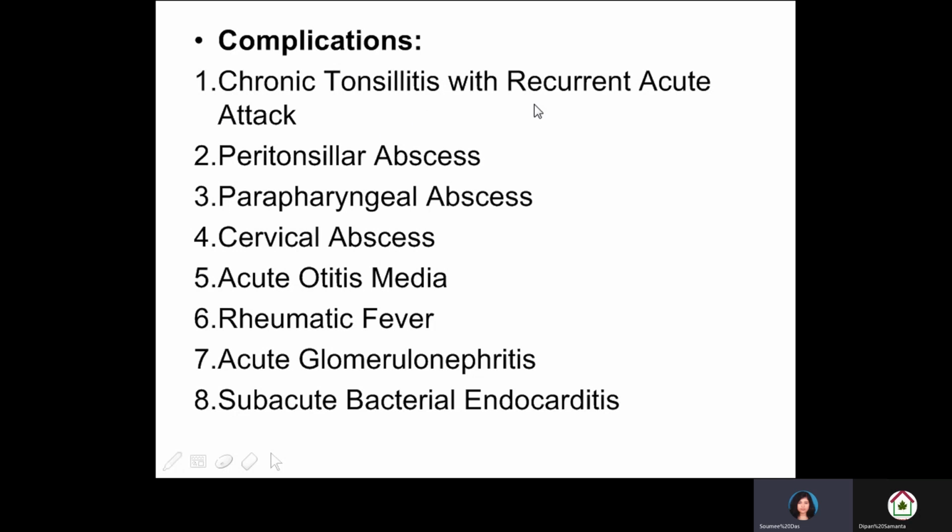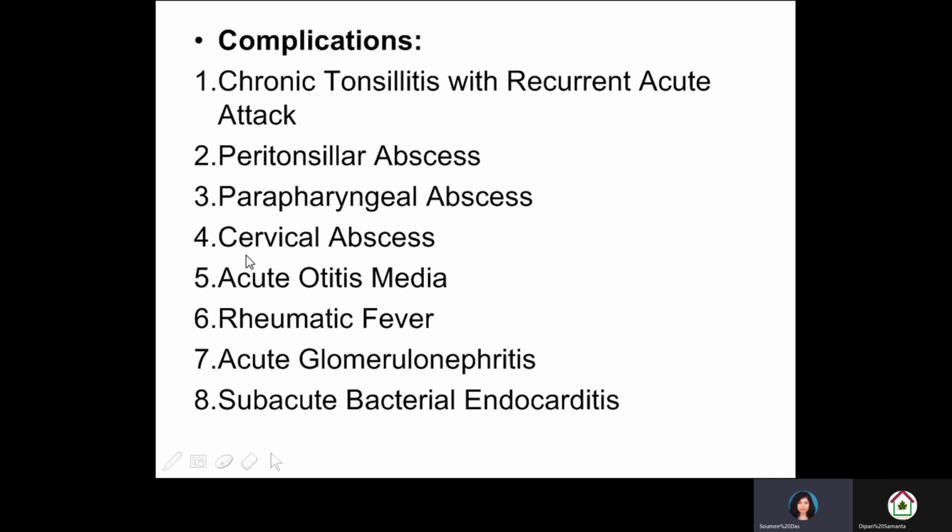When this infection becomes severe, it can also affect the respective organs and cause peritonsillar abscesses, parapharyngeal abscess, cervical abscess, acute otitis media, rheumatic fever, acute glomerulonephritis, subacute bacterial endocarditis.